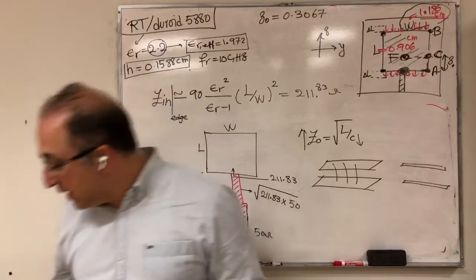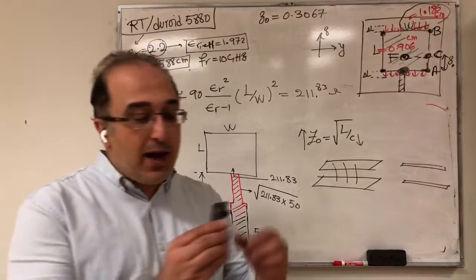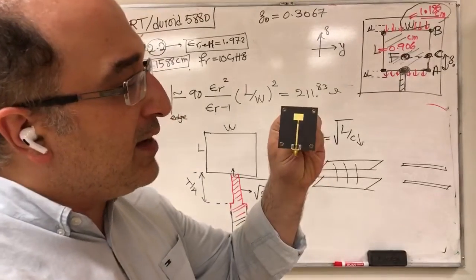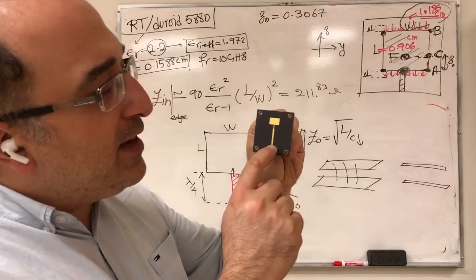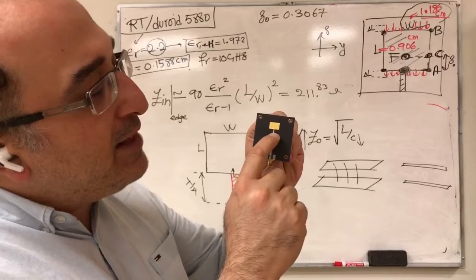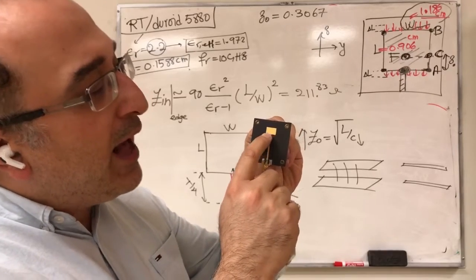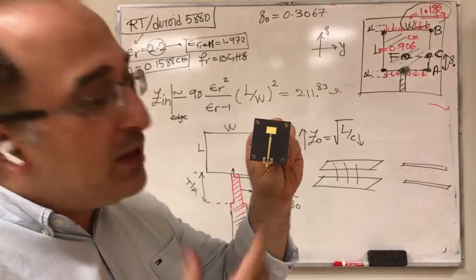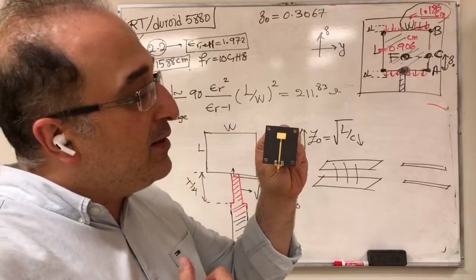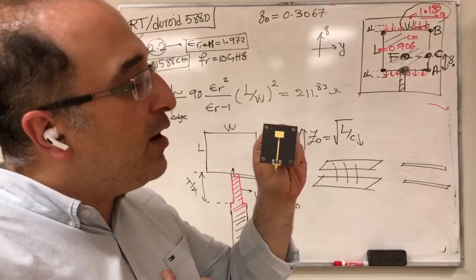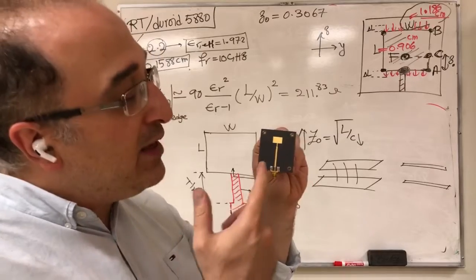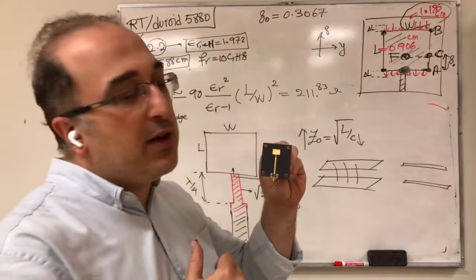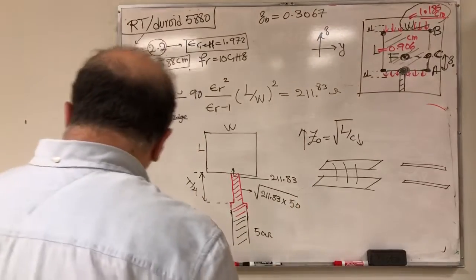Now, the one that you're going to be studying in your labs is exactly that antenna. If you look here, I have a 50 ohm line, the line becomes thinner, and then it goes to the patch. So this is exactly the patch antenna fed with the quarter wavelength transformer.